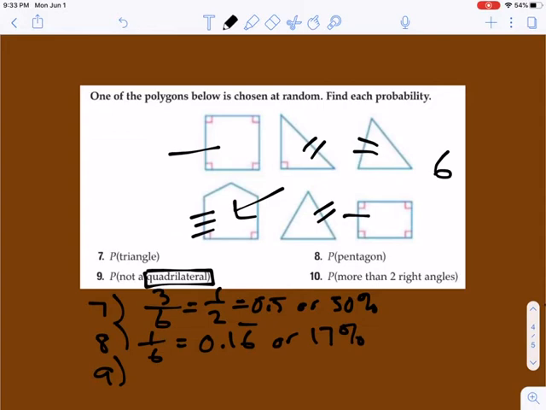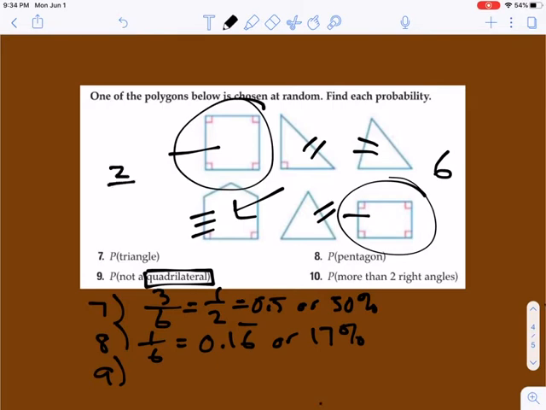So if we've got one quadrilateral here and one quadrilateral here, the probability of a quadrilateral would be 2 out of 6. So the complement of that would be, what's the balance to make that 6 out of 6? Well, it would be the things that it couldn't be, so it would be 4 out of 6. So in other words, 4 out of 6 items do not qualify for that. So 9 is 4 out of 6, which simplifies to 2/3, which is 66%.